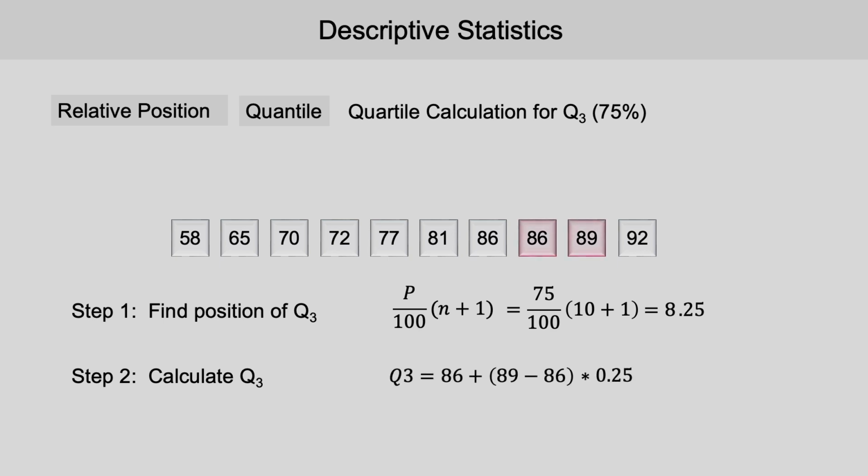The calculation involves taking the difference between the 9th number, 89, and the 8th number, 86, multiplying this difference by 0.25, which is the decimal part of 8.25, and then adding this result to the 8th number, 86. Therefore, the final calculation is 86 plus 89 minus 86 times 0.25, resulting in 86.75 for Q3.